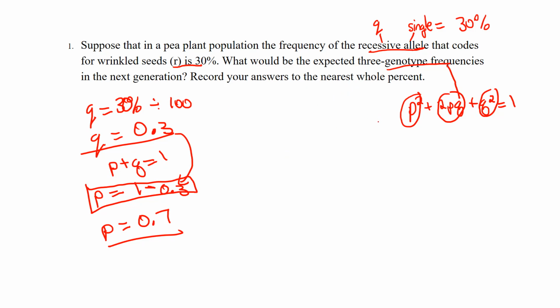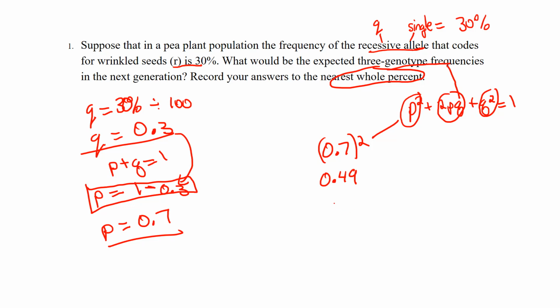So if we do that now, here's the p squared. Of course, p squared means p times p, not p times 2. So p is 0.7, and we square that, and we find that it comes out to 0.49. And for your answer, they want it to the nearest whole percent. So again, if you're going to do all this work, make sure you are putting the answer into what they are requesting from the question.